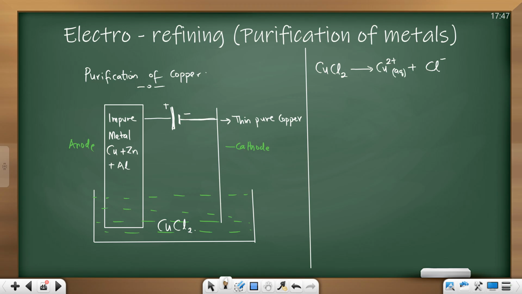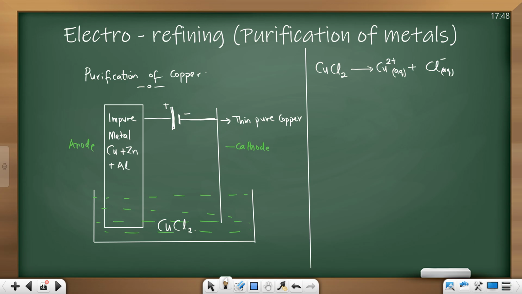However, I want you to see something. This whole electrode is a metal. The copper in it starts dissolving. You know what's going to happen? Other metals are going to dissolve too, not just the copper.